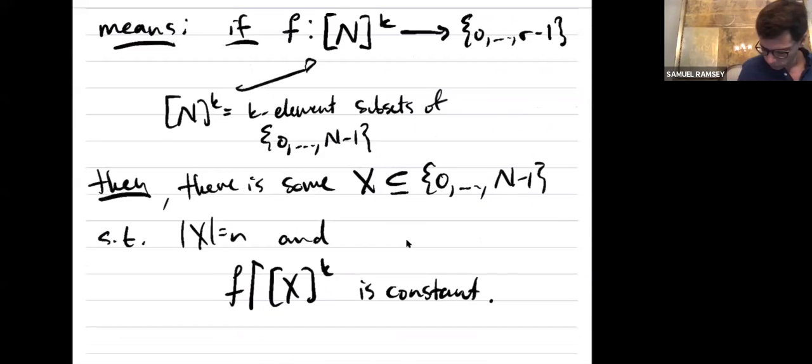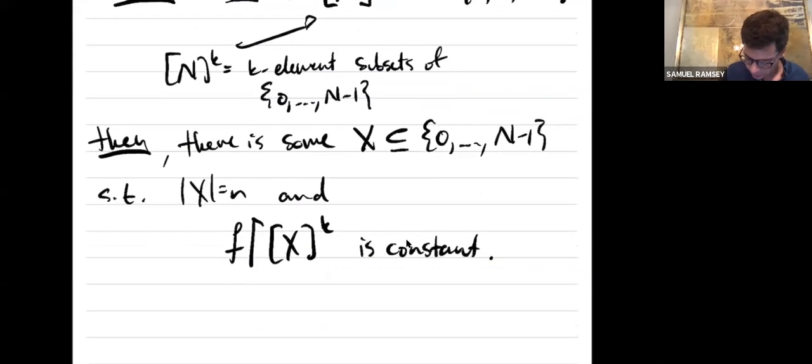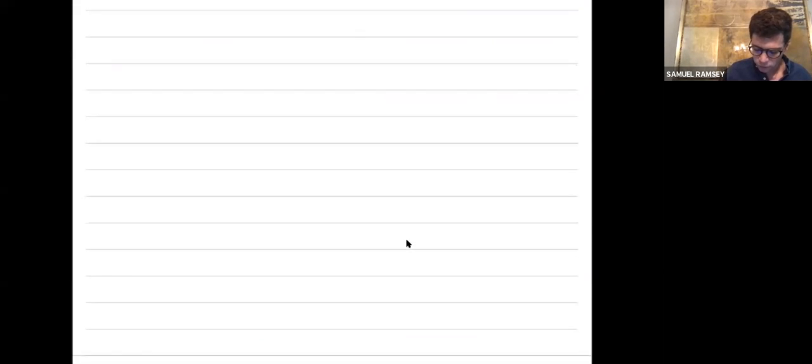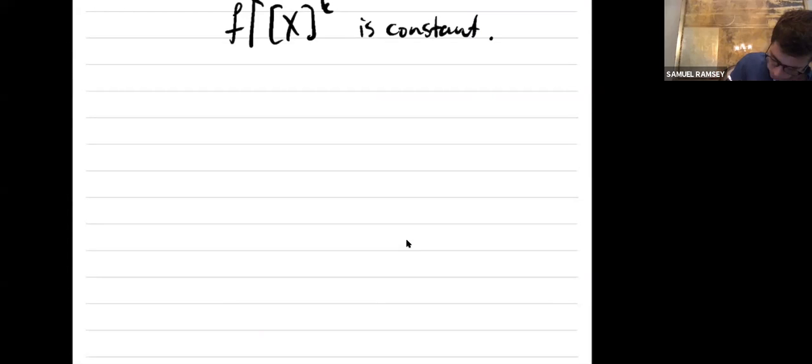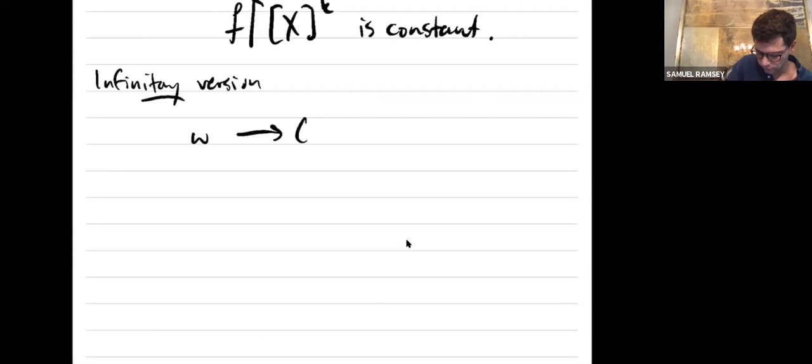Now, there's no reason to restrict this to natural numbers. So we can also give the infinitary version. So omega arrows omega, k, r means exactly the same thing.